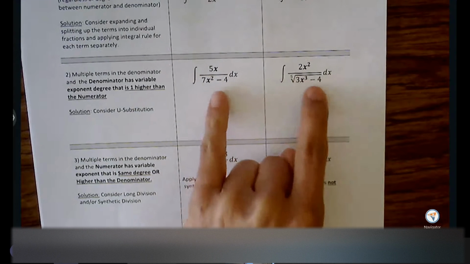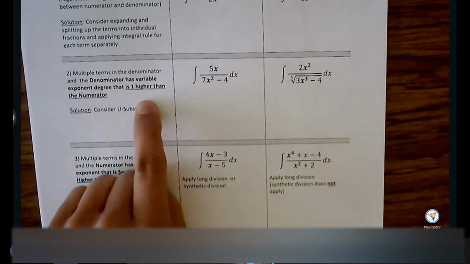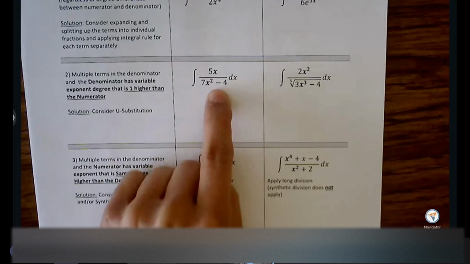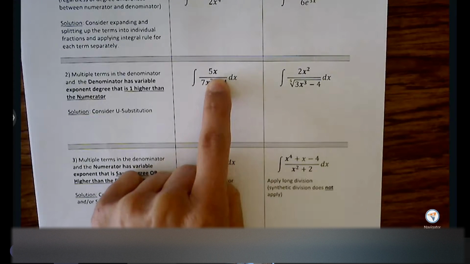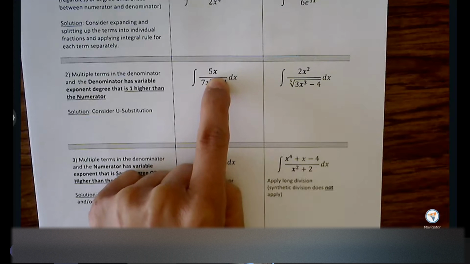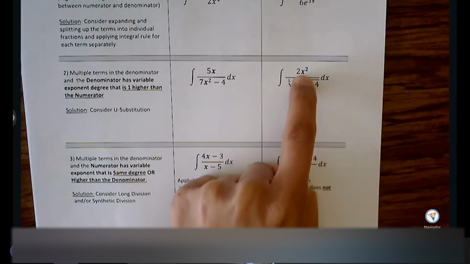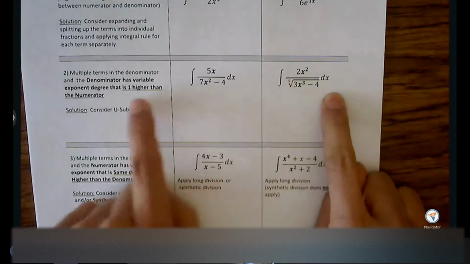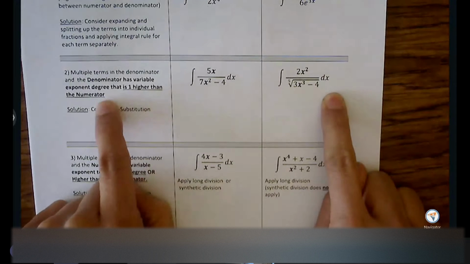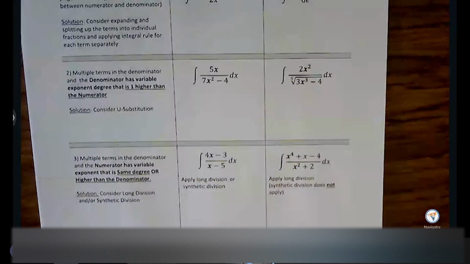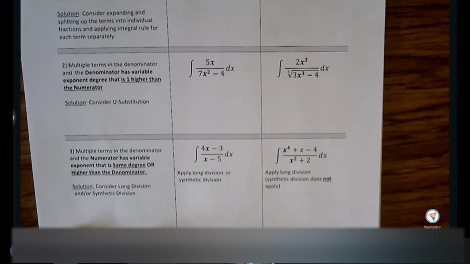That is a potential indication that this will be a U substitution problem, because my U value has a degree that is 1 higher, which the derivative will handle nicely when it tries to cancel out that numerator x. Here, the derivative becomes 9x squared. That x squared handles that numerator nicely. So if your denominator is higher than your numerator by 1 degree, that's an indication that we probably want to explore U substitution as a possibility.